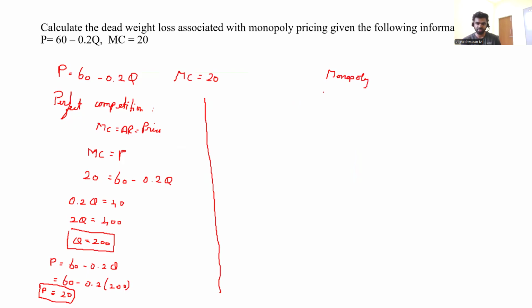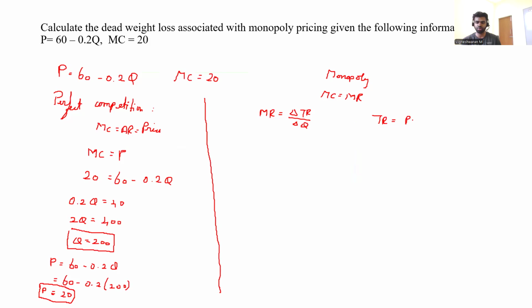So in monopoly, we will be equating MC equal to MR. Now we have MC, but we don't have MR, right? So first, MR is equal to what? Change in total revenue by quantity, that is differentiation of total revenue with respect to quantity. So we can find total revenue.